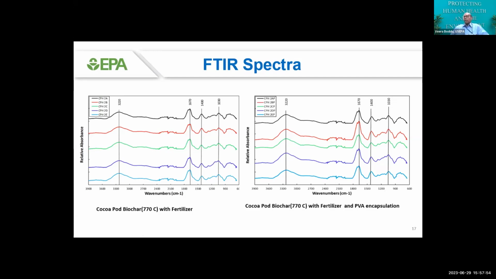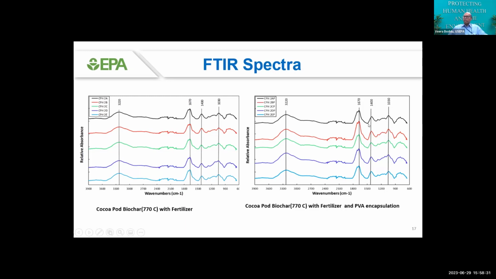From this, what we can conclude is that the functional moieties, that is the hydroxyl and water at this high 3200 or 3500 area, and also that might include amino groups, all these things remain the same. What it does indicate is, of course, that the abundance is different, because when we add the PVA, the density or the abundance would vary.